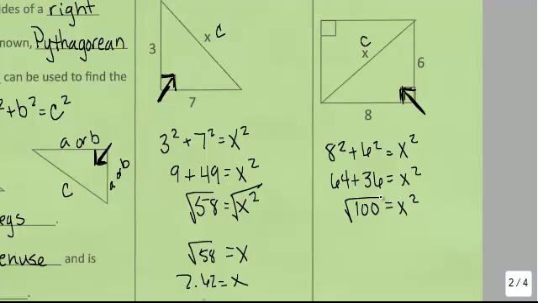Take the square root of both sides. In this case, the square root of 100 is a whole number, so it's 10. And if you can take the square root and it would give you a whole number, you need to put your answer in a whole number. So it may help you if you knew your squares at least up to 15.